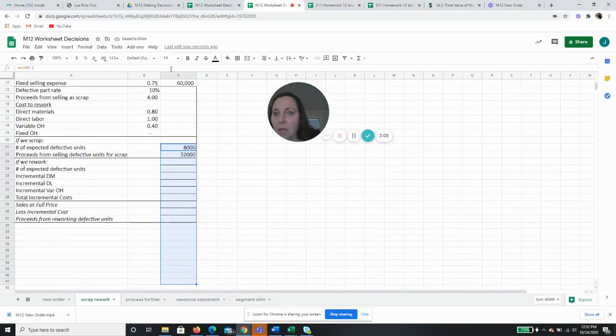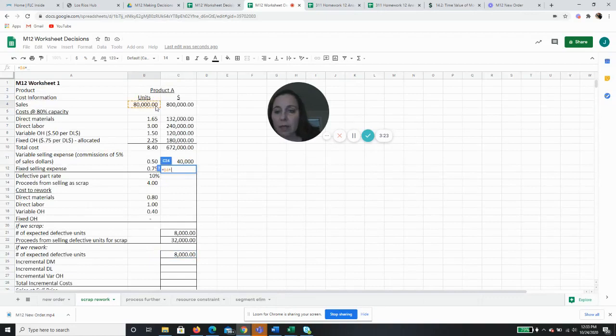Once again, let's just get this stuff formatted. Okay, here we go. But if we rework it, our number of defective units is still 8,000. Just copy that, or if I want to recalculate it, I could say we're making 80,000 times 10%, 8,000. If we do that, our incremental direct materials is going to be those 8,000 units times an additional 80 cents of direct materials. Now, within this decision, we don't worry about the original costs we put in.